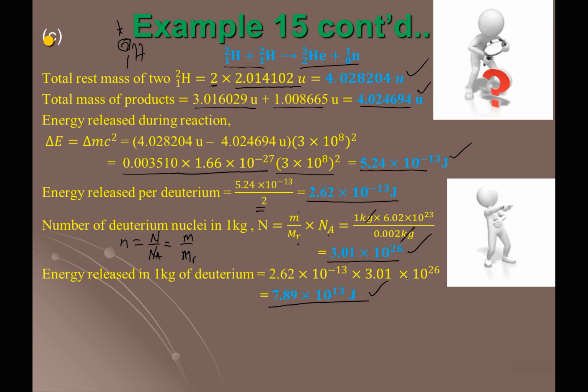Then the other question was asking us to calculate the approximate number of fusion reactions that is required to keep a factory running for 1 year. It uses 10,000 kilowatt hour. The energy was 10,000 kilowatt hour in 1 month. So since I already know the energy released in 1 reaction is this one here, the question wants us to find how many reactions.